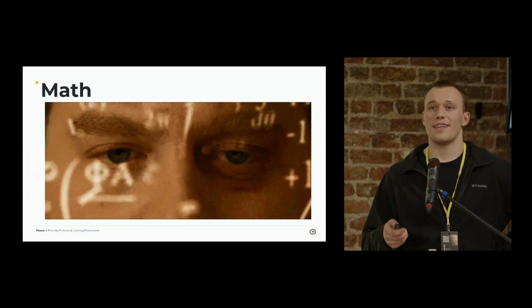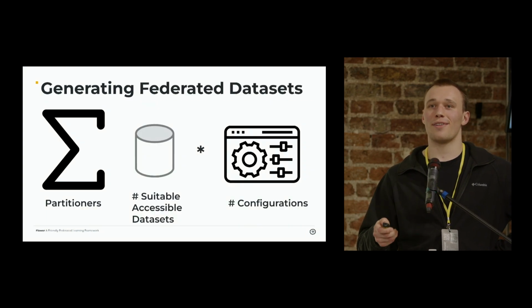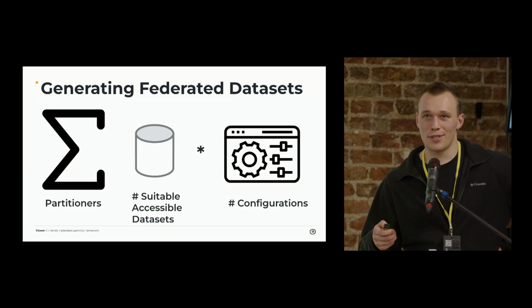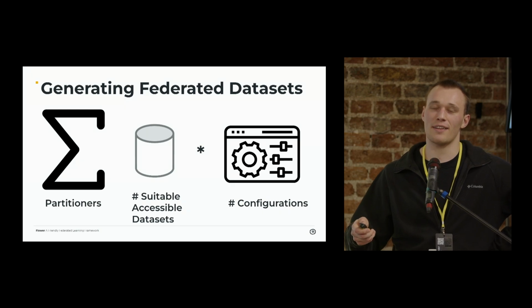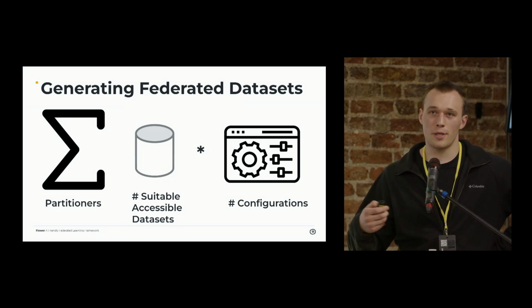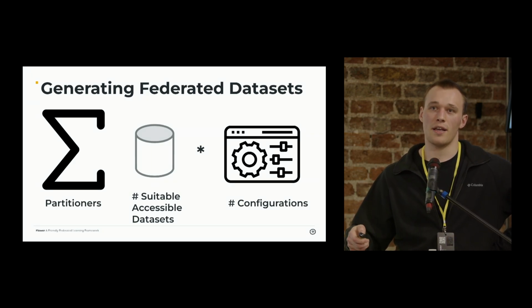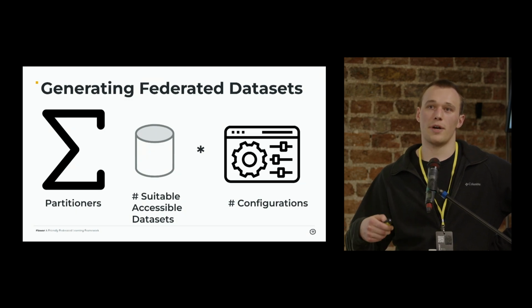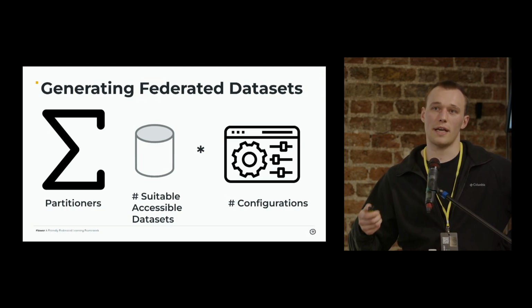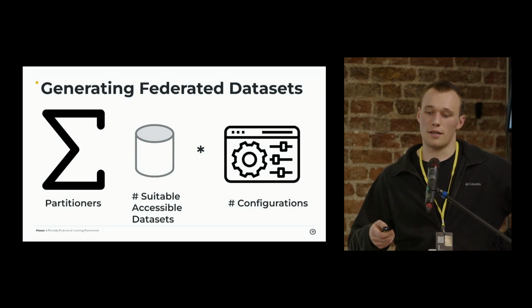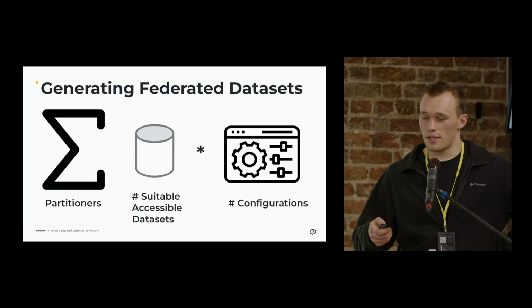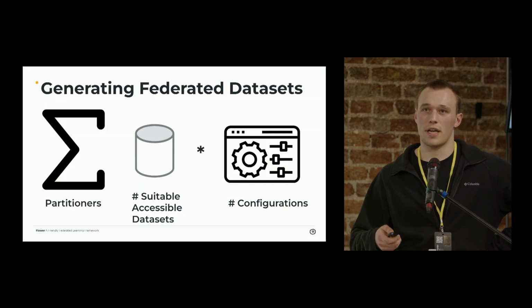Hard to extend? Yeah, so let's do some basic math. In order to determine how many federated datasets we can create, let's just loop over all the partitioners that we provide. Each partitioner might come with a suitable, accessible dataset. Suitable: if you want to use the natural ID partitioner but you use a dataset without the ID, of course we cannot count it.